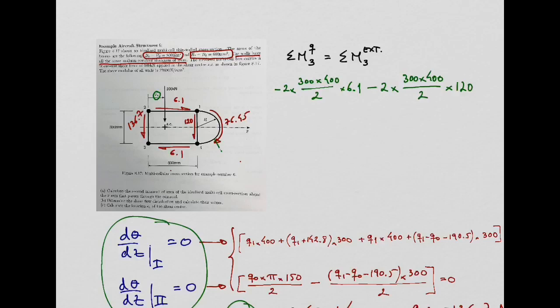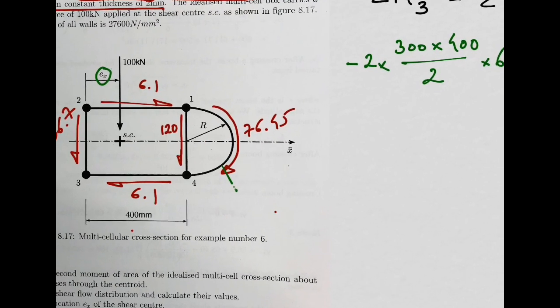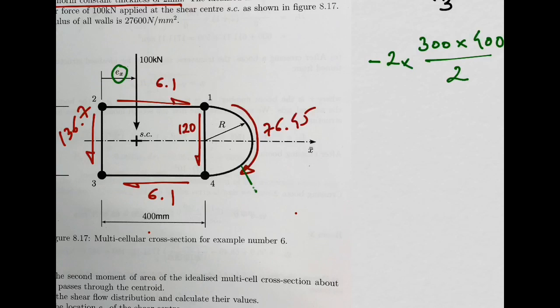And the last one for the shear flows that I need to do is the moment produced by the 76.45 shear flow, about point 3. This can be a bit tricky. So which booms do I need, which area do I need to use to calculate the moment?